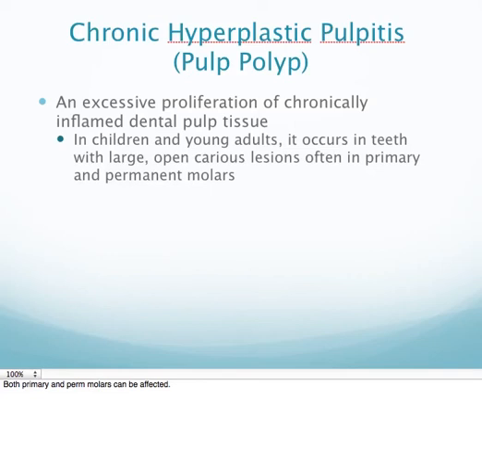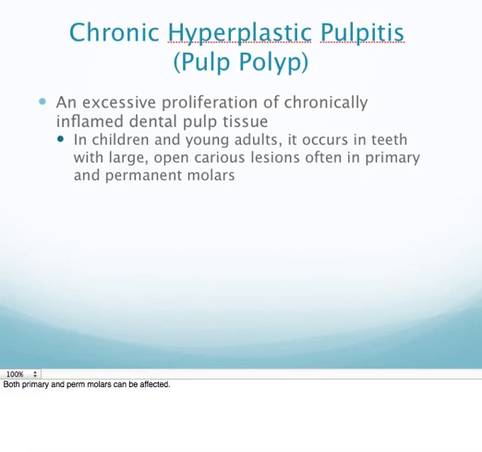Okay, then you have chronic hyperplastic pulpitis, which is a pulp polyp. This is an excessive proliferation of chronically inflamed dental tissue in the pulp. You see this in baby teeth and also young adults. Basically, in the teeth, they have a large carious lesion, and the pulp breaks through the crest of the enamel and swells.